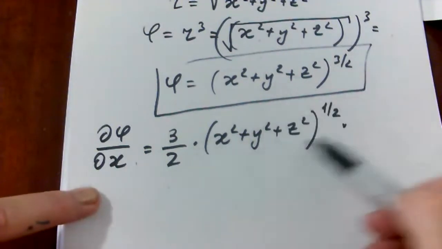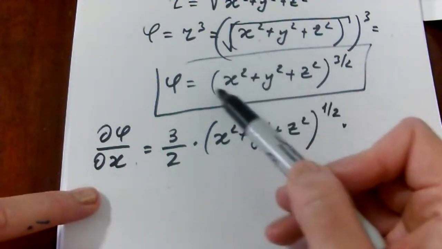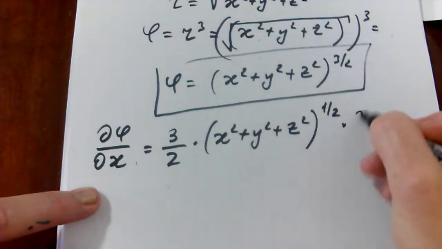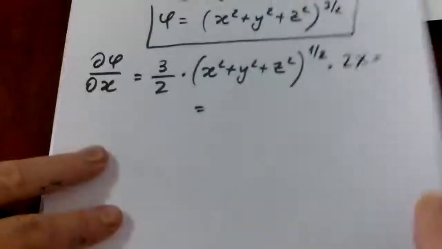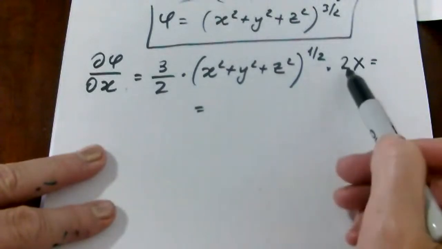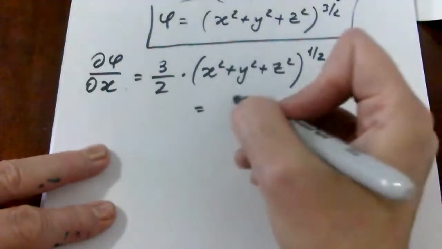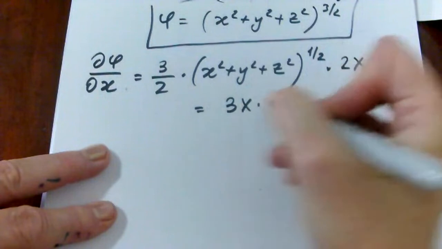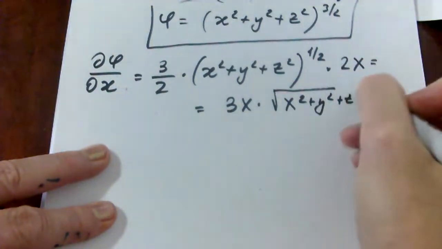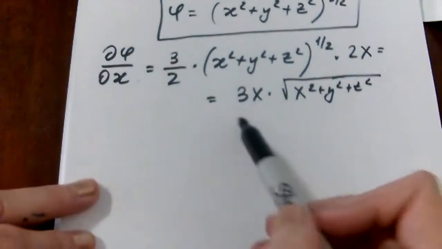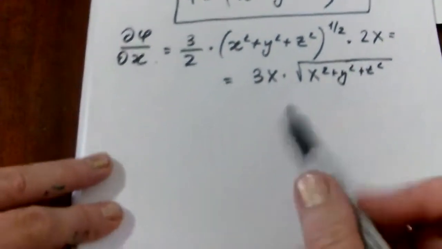Then, according to the chain rule, we multiply by the derivative of the internal function, which is 2x. We can simplify this result, because the 2s cancel out. So it will be 3x times the square root of this. Square root looks much nicer. We are finished with the first derivative.